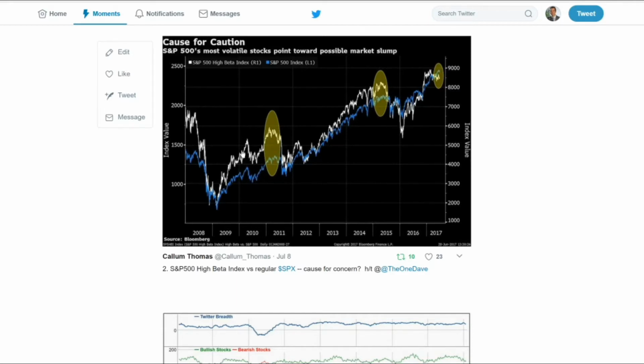The point of this chart is that you've seen the high beta index roll over, and more to the point, you've seen it roll over at the same time as the S&P 500 itself is going up, which can be a bit of a divergence indicator. So another one to be aware of, if you haven't heard of that index before.